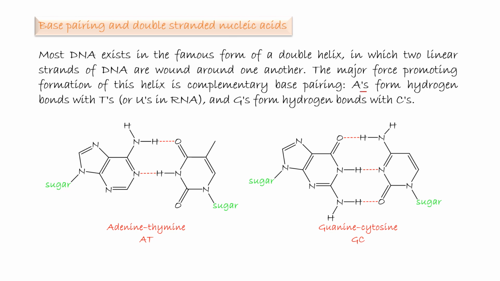Adenine forms hydrogen bonds with thymine, 2 hydrogen bonds. And guanine forms hydrogen bonds with cytosine, but here we have 3 hydrogen bonds. So this one is stronger.